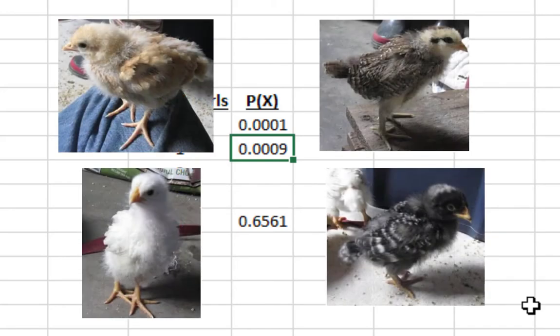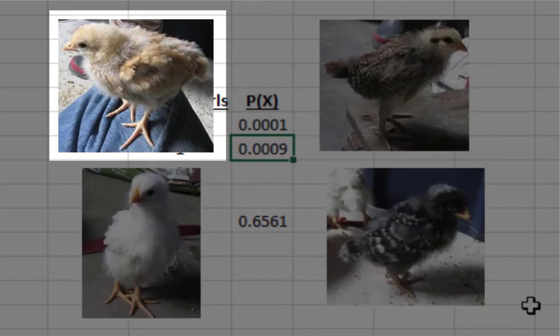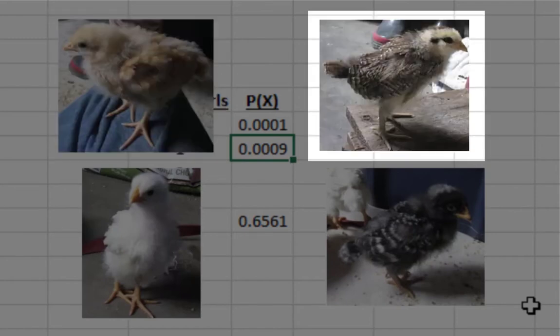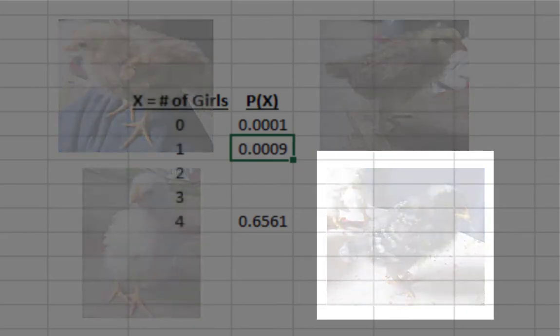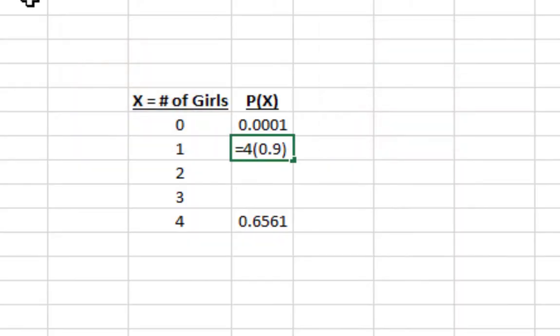Either Nancy is going to be a girl, or Marge, or Mary, or Bertie. So we have to adjust this by multiplying it by 4, because there actually are 4 different possible ways for one of the birds to be a girl and the other 3 to be boys.